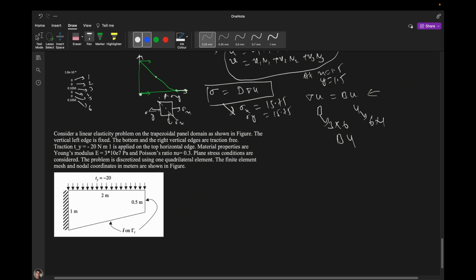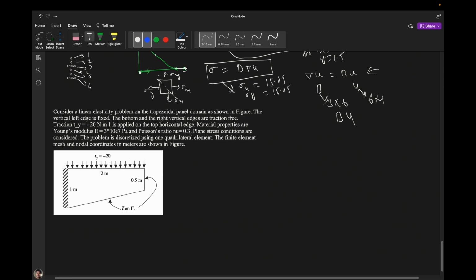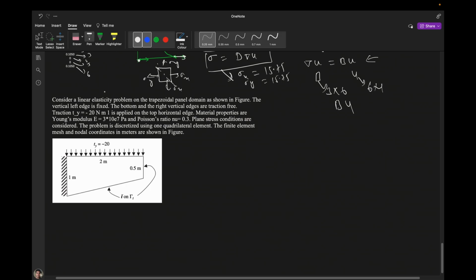And now it is saying that we have to discretize it using a quadrilateral element, and we have to solve the problem. Okay, so in this problem also we will use the same methodology, same variational statement.